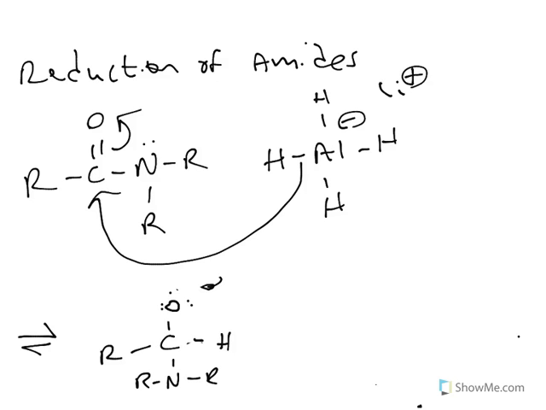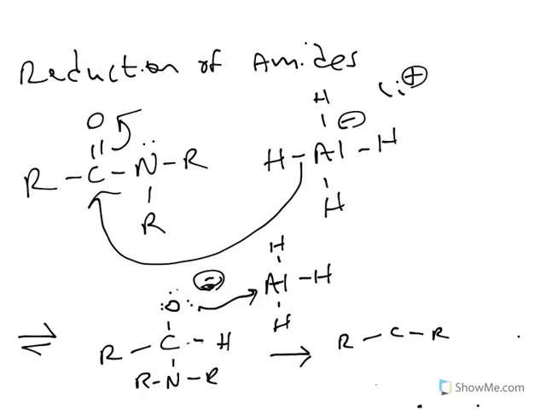So we have Al, H, H, and H. So aluminum is sp2 hybridized here, has an empty p orbital, so it's a Lewis acid, so it can accept an electron pair here from oxygen. Oh, that's an H, pardon me.